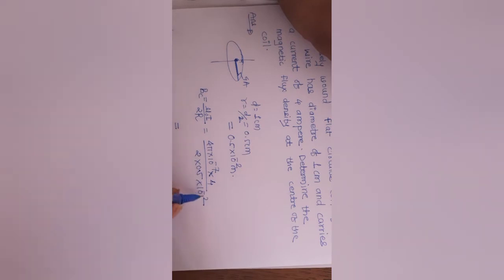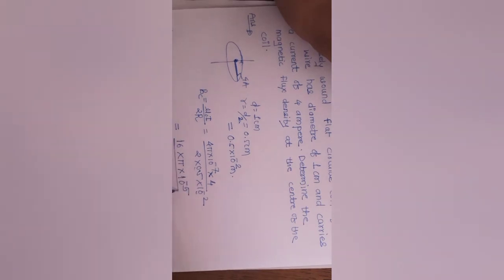To solve this, 4 into 4 is 16, into pi; the 2 gets cancelled because 0.5 means 1/2, so it remains 1. And 10 raised to minus 2 goes to the upper side, so 10 raised to plus 2, and minus 7 becomes minus 5.